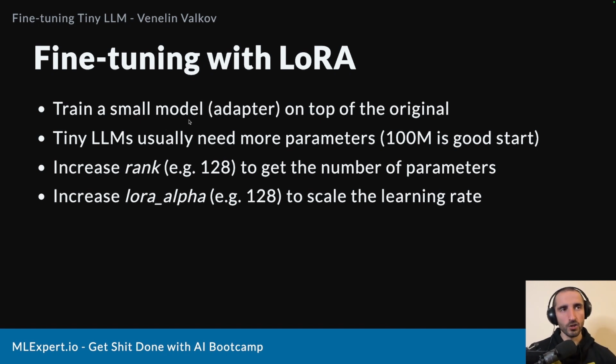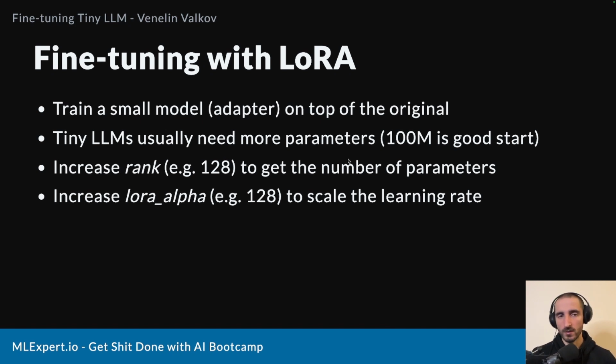So in the general case, this wouldn't be enough. Of course, this depends on the task at hand. As a general start, I would recommend something like 100 million parameters, which is a great start, and you can tweak that. In order to get something like this for TinyLlama, we're going to increase the rank of the LoRA config to about 128.